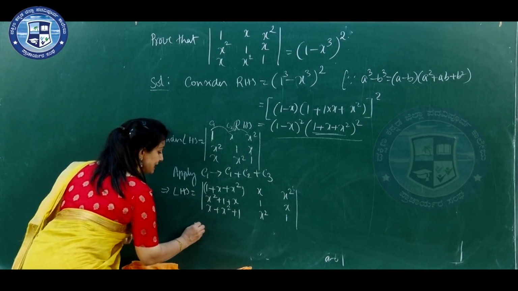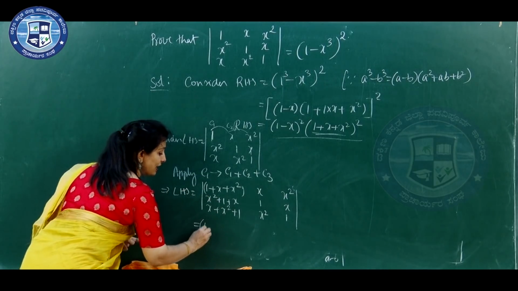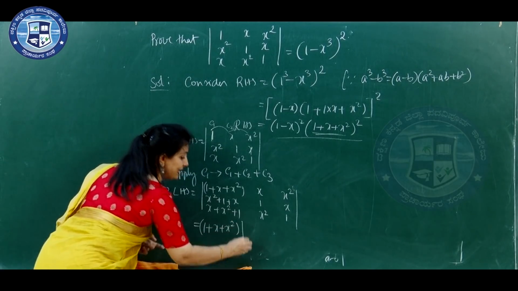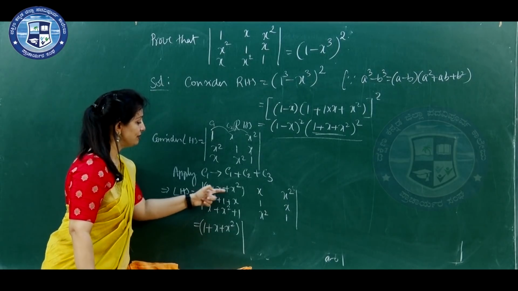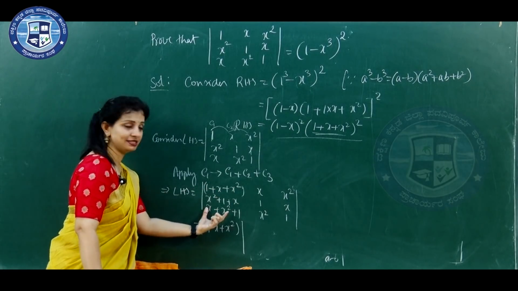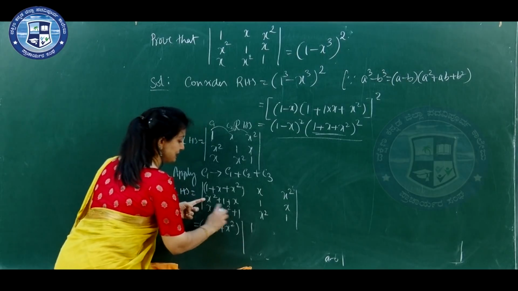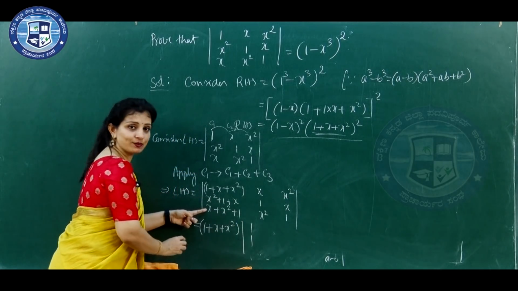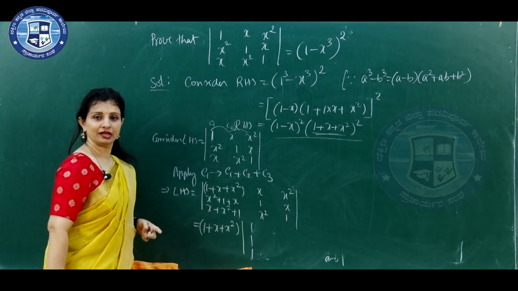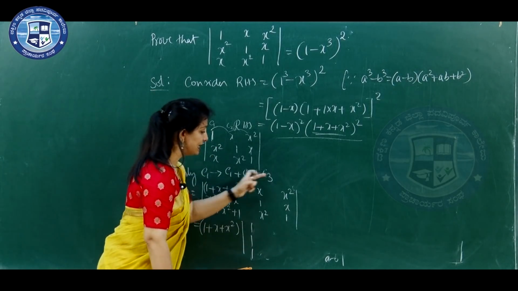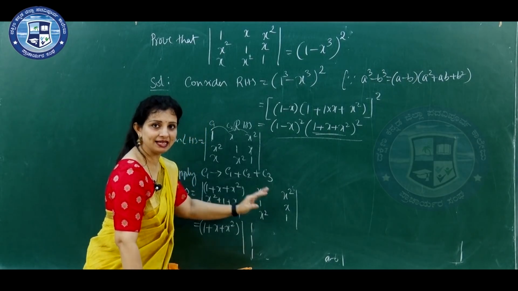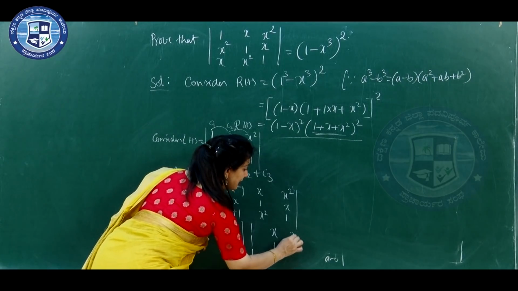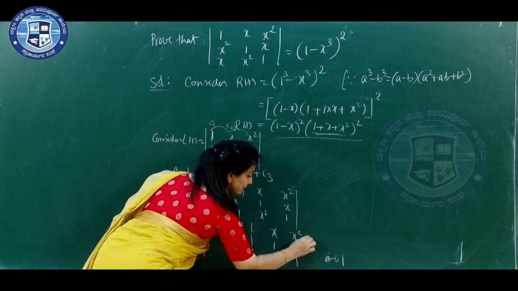So, we can take it out as a common factor. What remains here? With 1 plus x plus x square removed from the first column, we get 1, 1, 1. Now, the second column and third column elements remain the same: x, 1, x square; x square, x, 1.